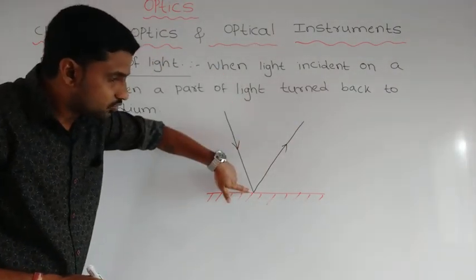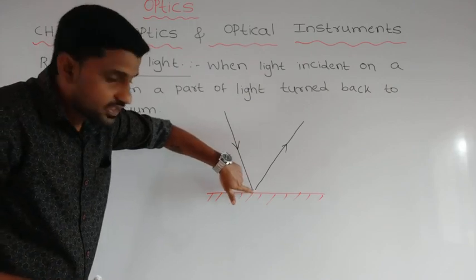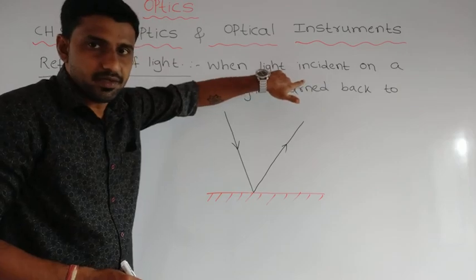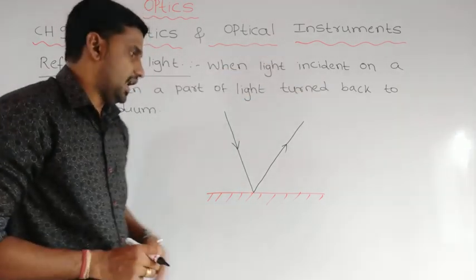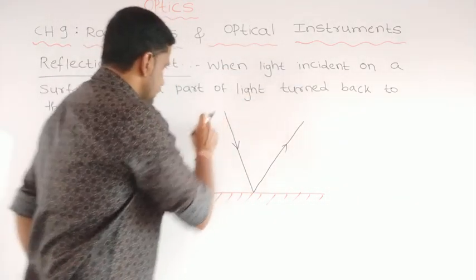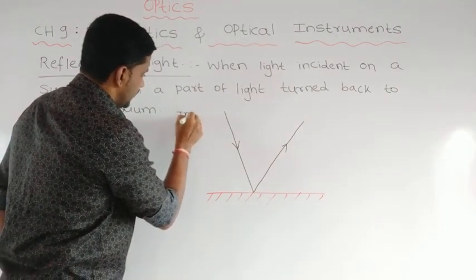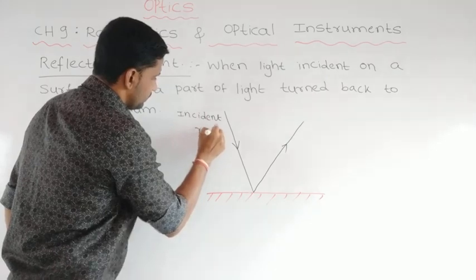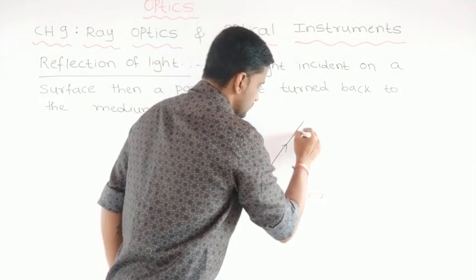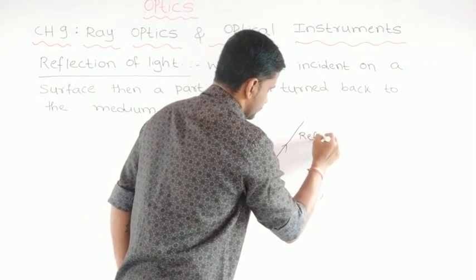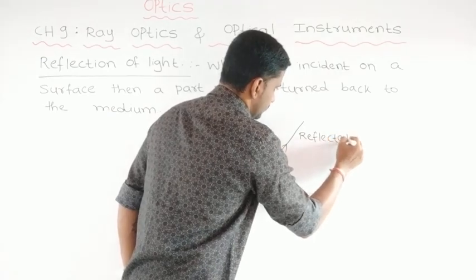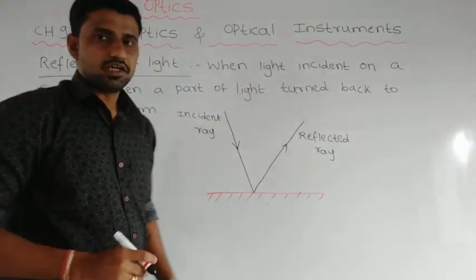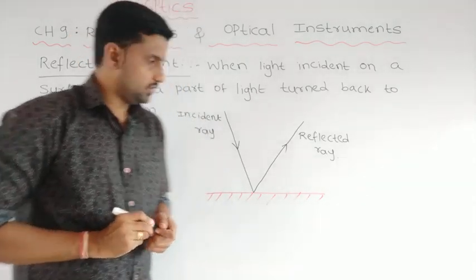After hitting the surface, it bounces back to the same medium in which I incident the light. So this is the incident ray, and this ray is called the reflected ray, and this surface is called a reflecting surface.